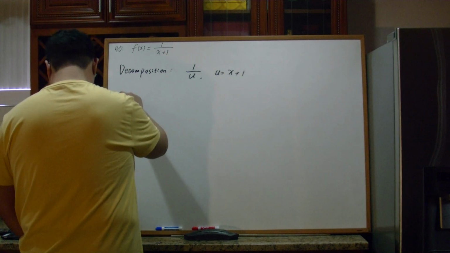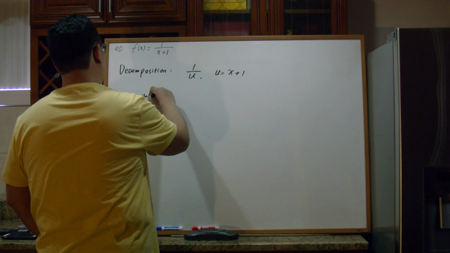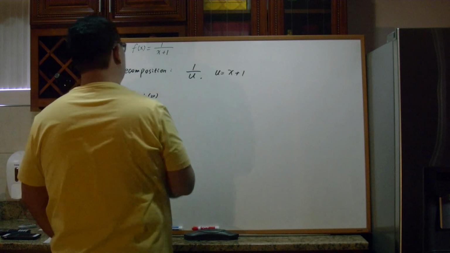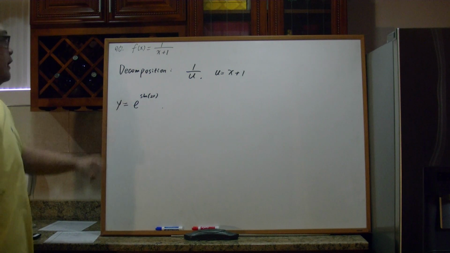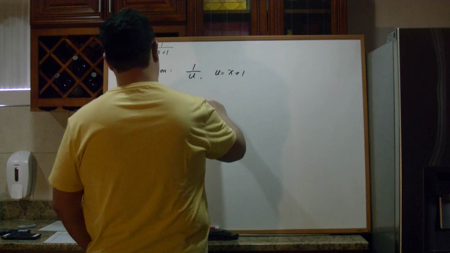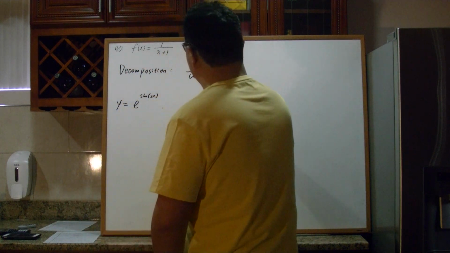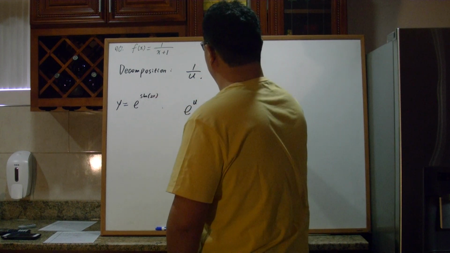For y equals e to the sine of 2x, basically it is an exponential function first, that is e to the u. Then u is sine of 2x.